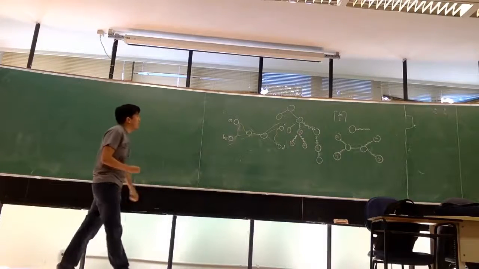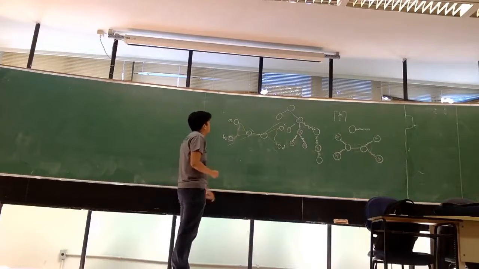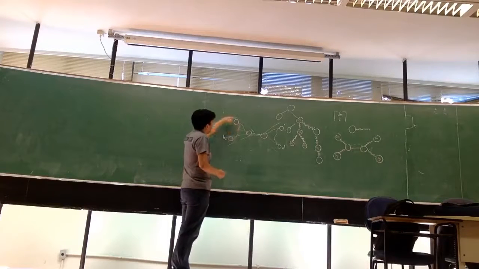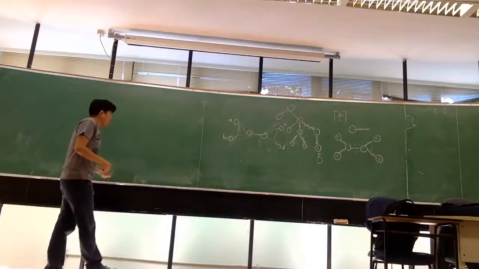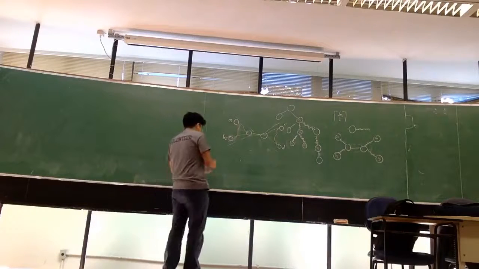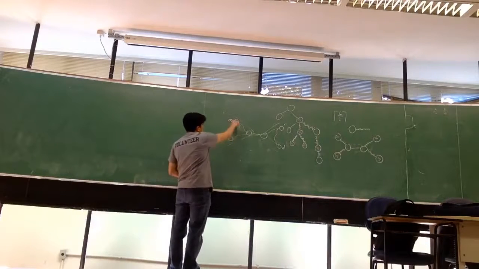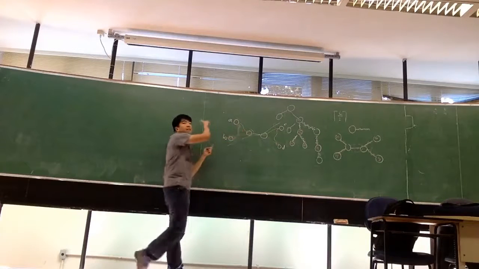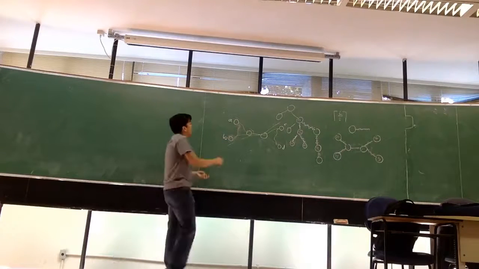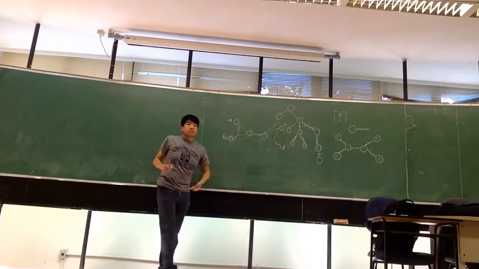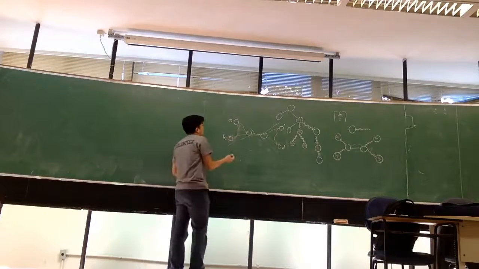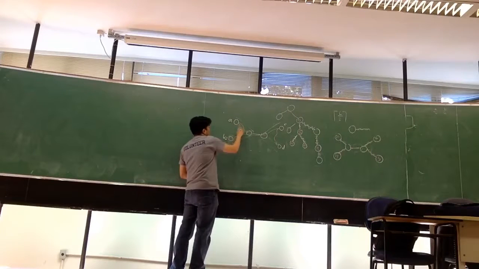The only thing that I need to prove is that every edge that is covered by the pink paths is also covered by the yellow paths. And this holds, because since there's a path from A to B, and this is a tree, then this path has to go through the common ancestor of A and B, somewhere around here.